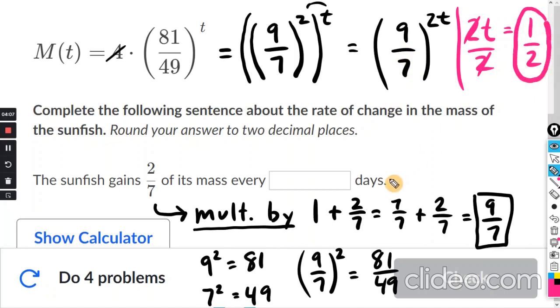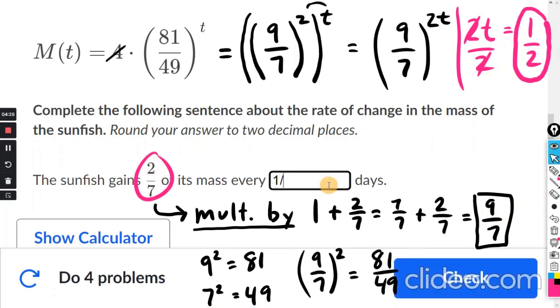All right, and if you think about it, if you take 1/2 and plug it in place of t, it's going to be 2 times a half. The exponent is just 1. So every time the day increases by a half, it gets multiplied by 9/7 and it gains 2/7 of its mass. So in the box, it's just 1/2.